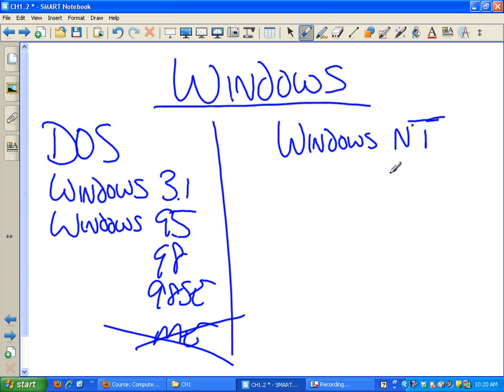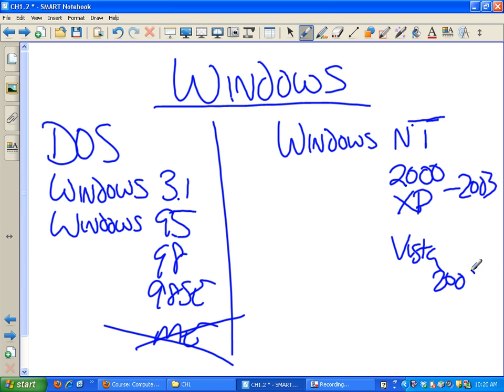Okay, and then from Windows NT we got Windows 2000, and then we got Windows XP, and somewhere in there we got Windows 2003 Server, and then we got Vista, and then we got 2008, and then we got 7, and that's the server. By the way, you've never seen 2003 and 2008; those are server editions only. And now we got Windows 7, and Vista was the poor version of that.